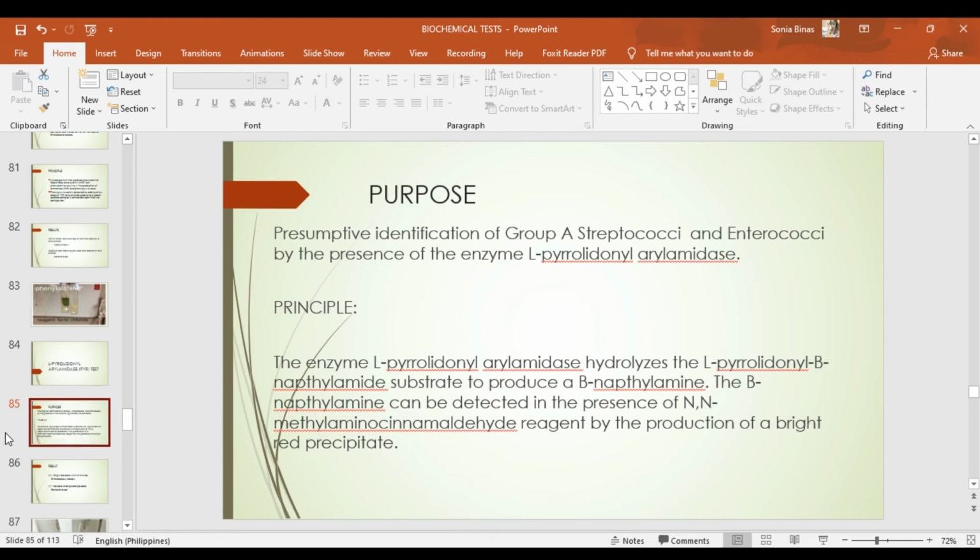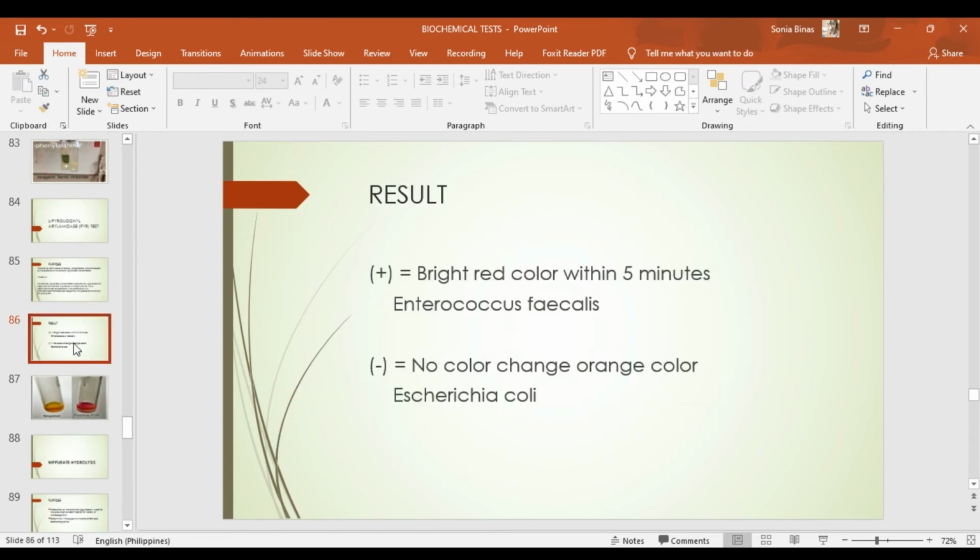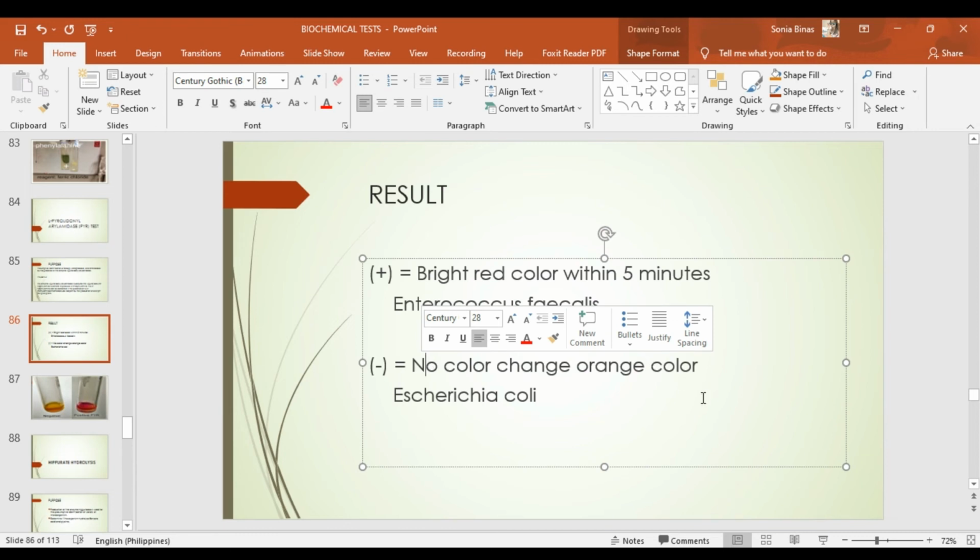So, the positive reaction is our bright red color. It is our Enterococcus faecalis. While the negative will have no color change, or will remain orange lang po siya.